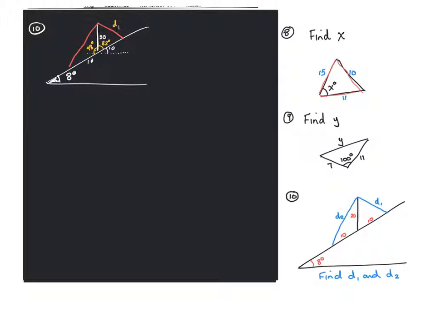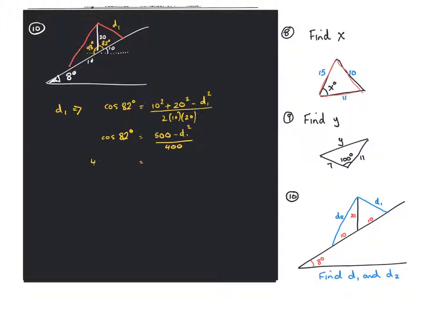So therefore D1 will equal the opposite side, so therefore cos 82 will equal adjacent squared plus adjacent squared minus D1 squared all over 2 times 10 times 10, that's the adjacents. So cos 82 will equal 100 plus 400, which is 500, minus D1 squared, and this is 400 on the bottom here.